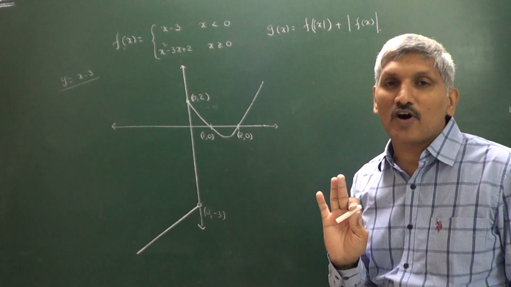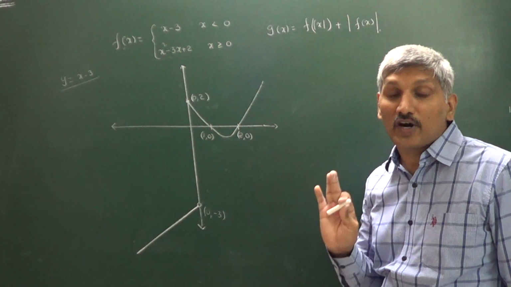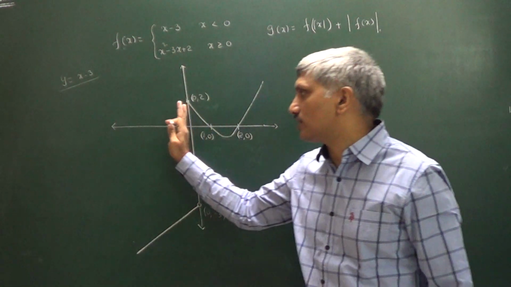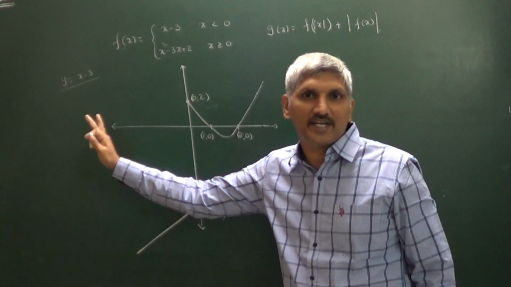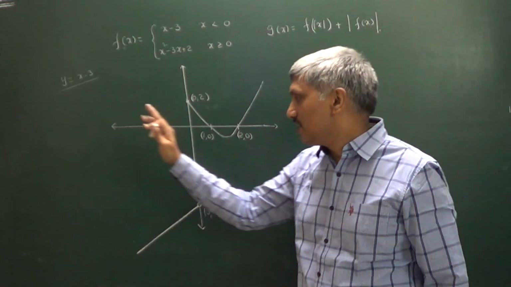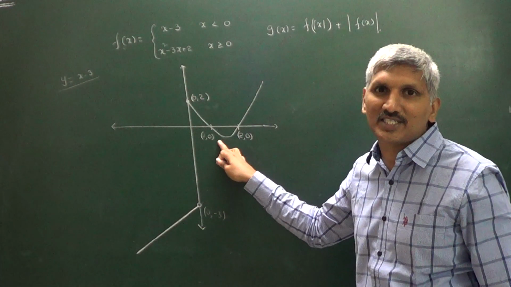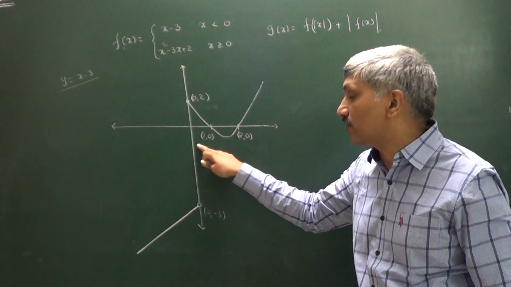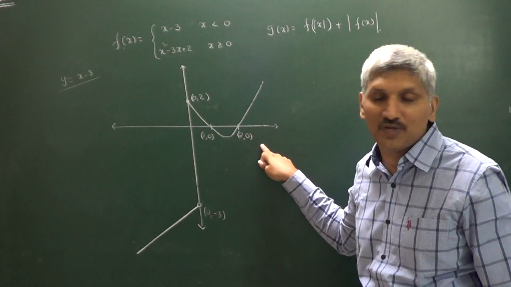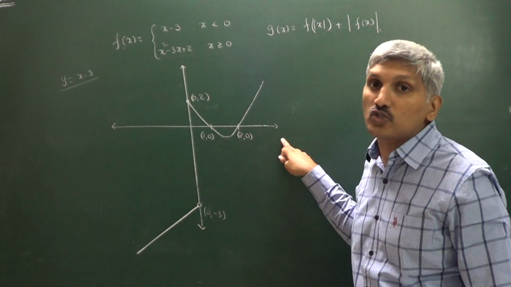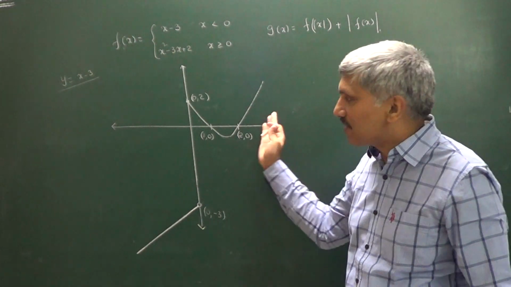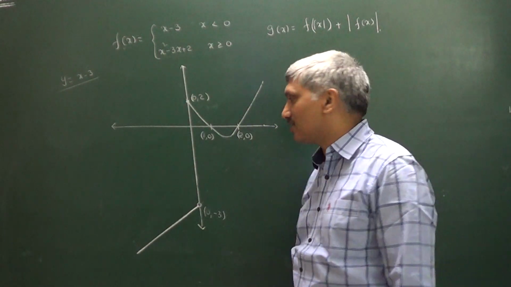To draw the graph of f of mod x, forget about what is there on the graph left side of the y-axis. Now this is the graph on the right side of the y-axis, for x values are positive. For x positive values, whatever graph you got, repeat the same graph that side also.